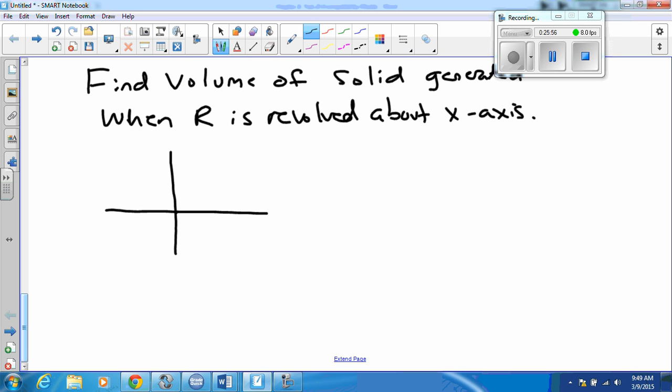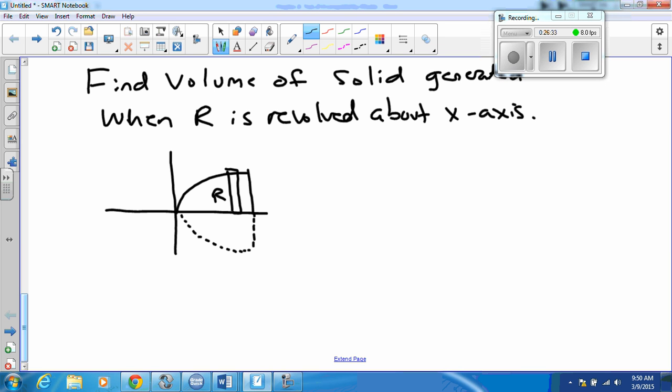And here's how we would break it down. We'd start with a sketch. Here's my region R. And we understand that our region R is going to be revolved about the x-axis here. If it helps you to visualize it, I often will visualize it by taking this guy and drawing him down here. And I'm going to draw for myself a representative rectangle that represents the radius.